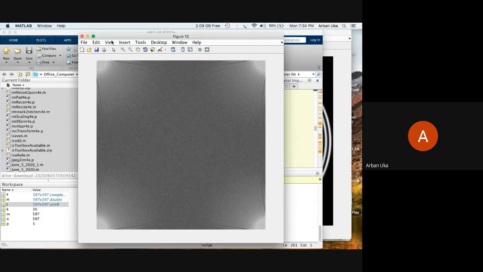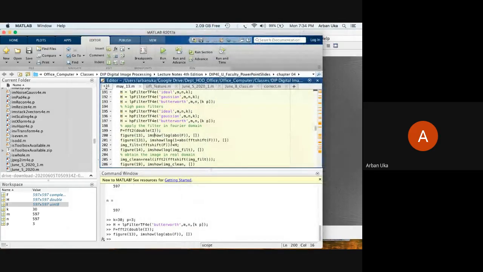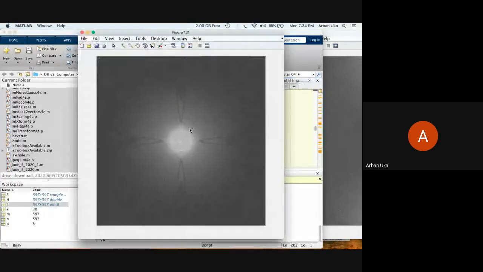Those frequencies are seen here, and we have not shifted this yet. Let's see if the image looks slightly different.